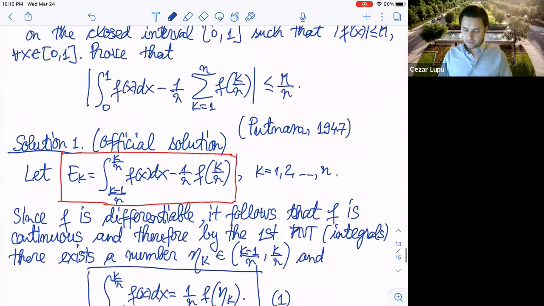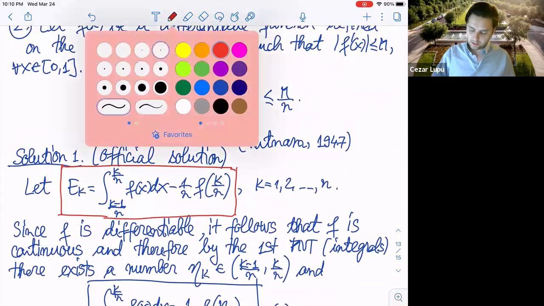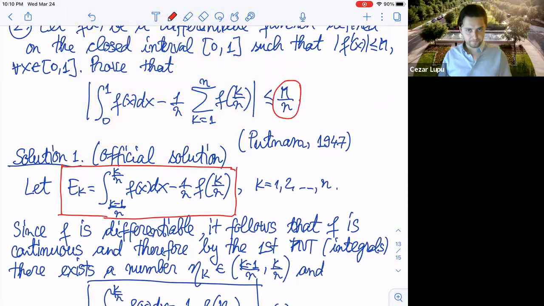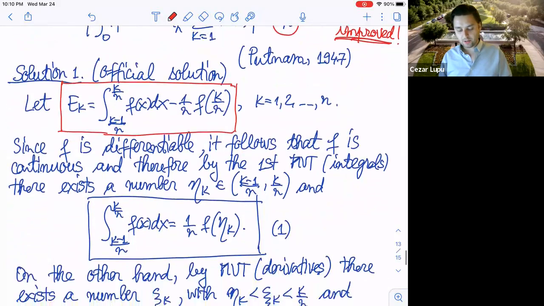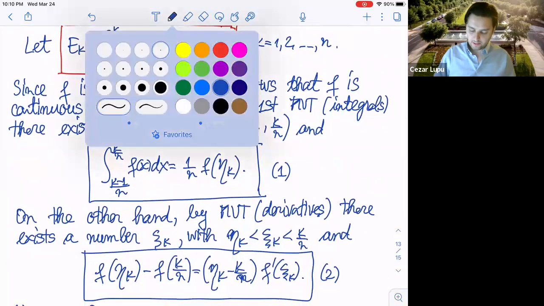And like I said, this constant here can be improved. Let me mention this can be improved to m over 2n. And now let me just give you the second solution.